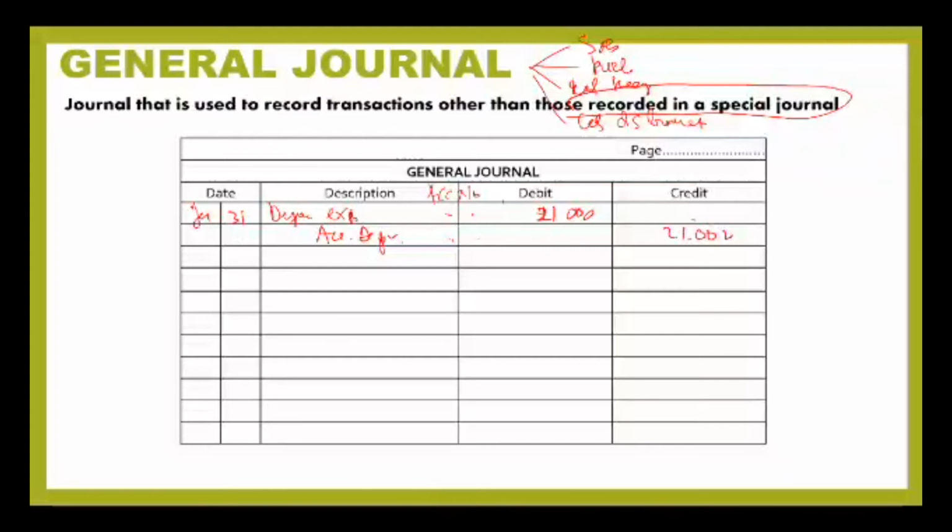Oh, maybe you want to make a journal for the tax, you can use it here too, like how many tax expense to the account tax payable, tax expense to the tax payable. You can also use it in the general journal, but if you want to pay the tax payable to the cash, you may use the cash disbursement journal.